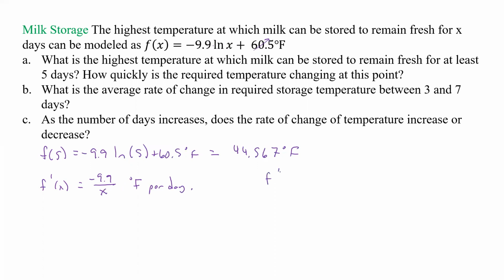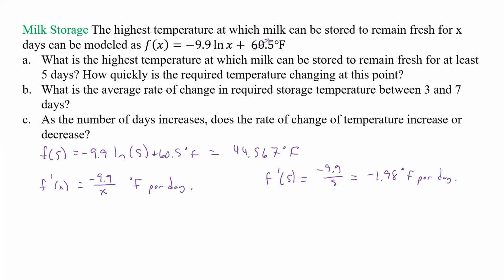And then I want f prime of 5, which is negative 9.9 divided by 5, negative 1.98 degrees Fahrenheit per day.